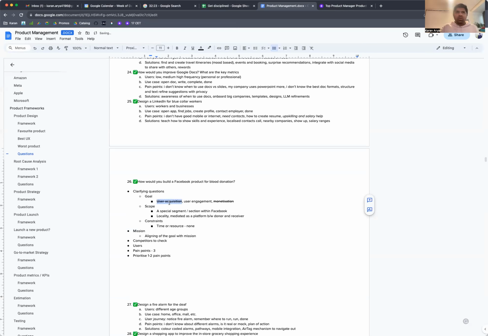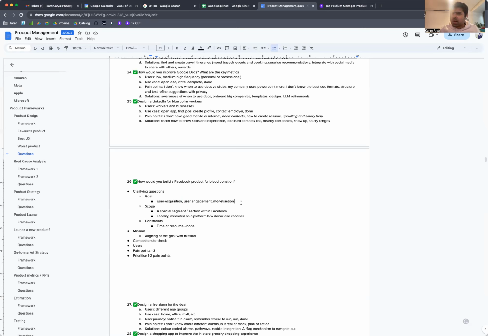So new user acquisition does not really seem like a very good goal, considering the product that we are trying to build. Now, when we talk about user engagement, it is something on the lines of, we have a good chunk of users, a very large user base on Facebook, and we want to make sure that these users are actually interacting with Facebook more. Let's say that on an average, a particular user is spending 30 minutes on Facebook.